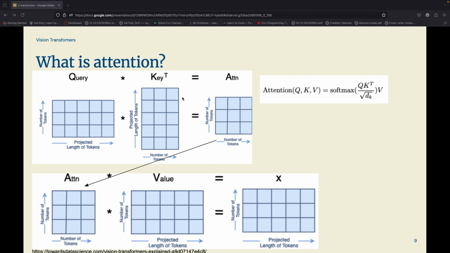And that attention score, because of its shape, we want to turn it back into the original matrix shape of our input. So we dot product that with the value, and that gives us our attention matrix, our attention features for each token.